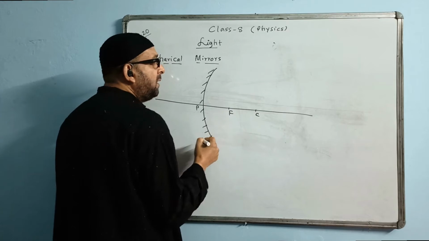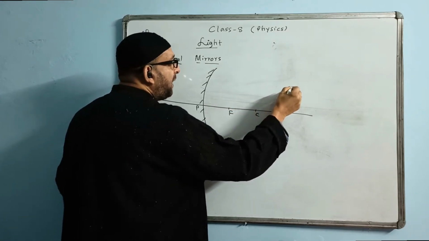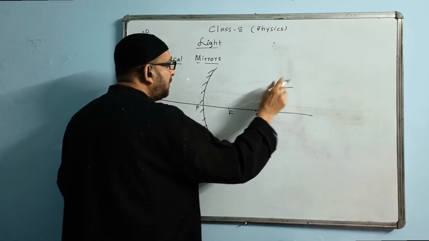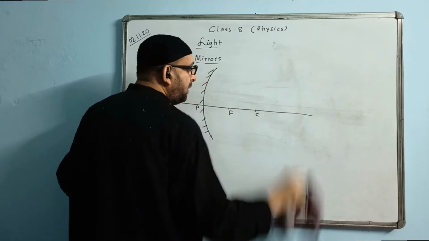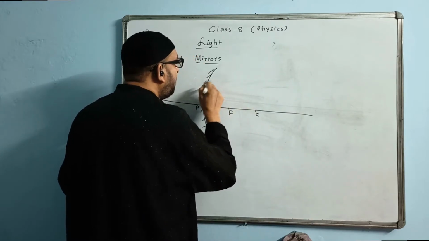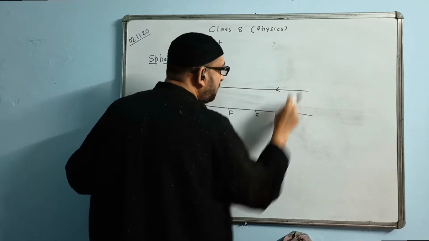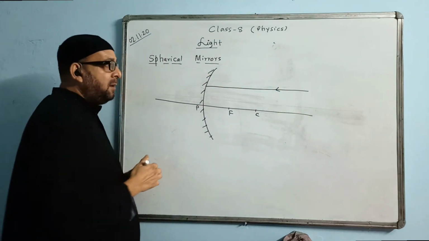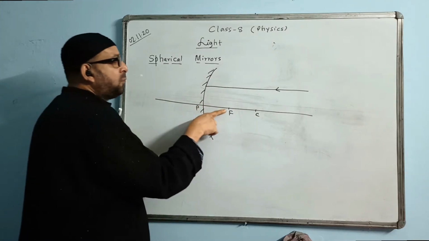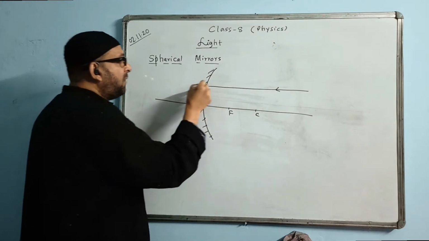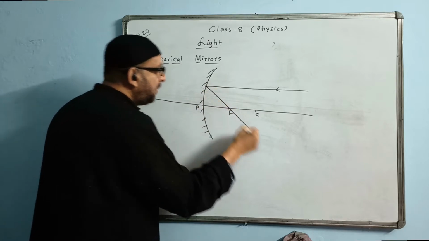We will show it like this. It says that any incident ray of light coming like this, parallel to the principal axis, will pass through F after reflection from the mirror.